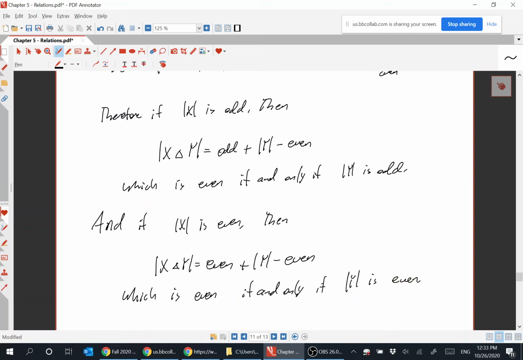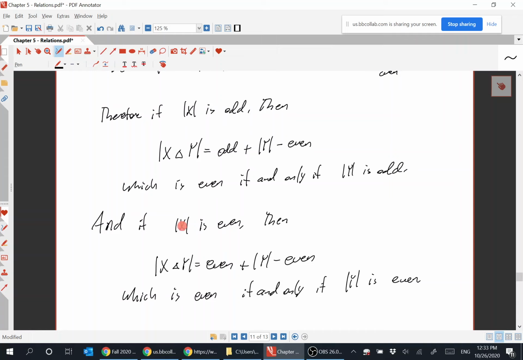So this equivalence relation on subsets, which was a little kind of tricky to prove, has just simple equivalence classes, right? When the order of X is odd, it's related to every other subset whose order is also odd.